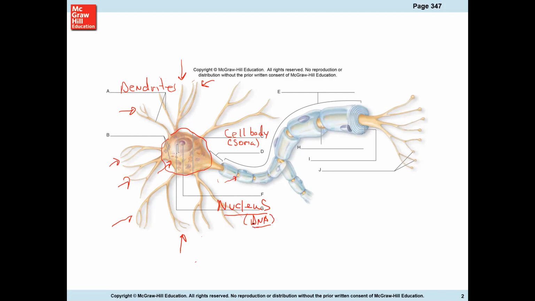Our neurons are full of chromosomes in the nucleus that have genes on them that build proteins. You've got to build the structure of a neuron, so proteins are important.